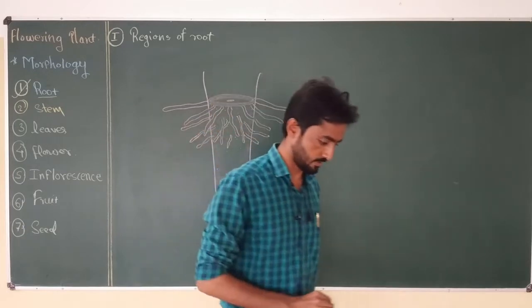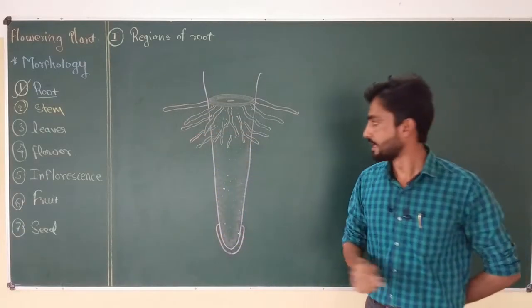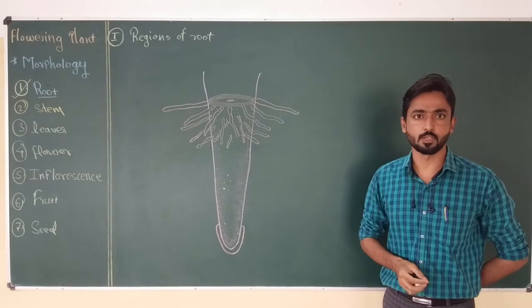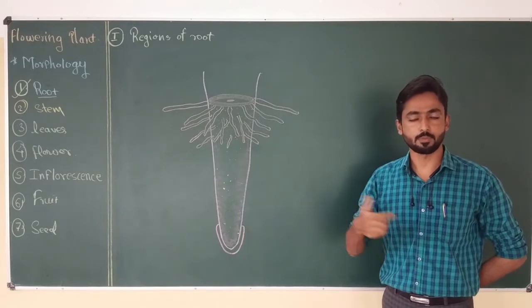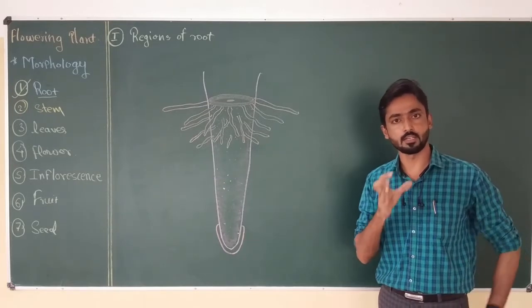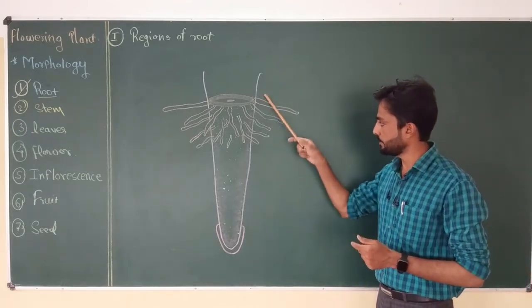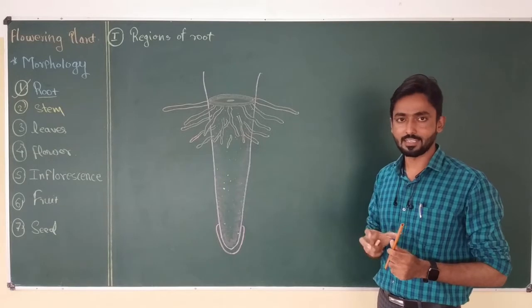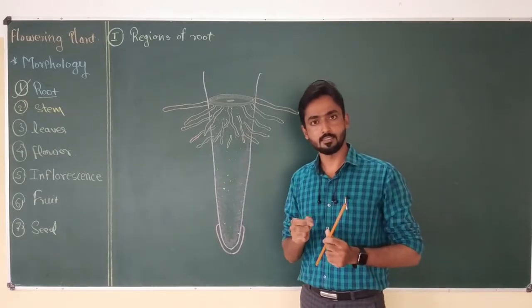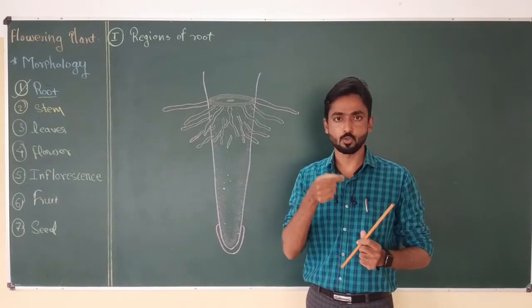Okay, so in this section, I am going to focus on different regions of the typical angiospermic root and their functions. In my upcoming video, I am also going to talk about the different types of these roots and their modifications. So if we consider a typical angiospermic root, we can say that this is the axis of the plant body which grows towards the soil.